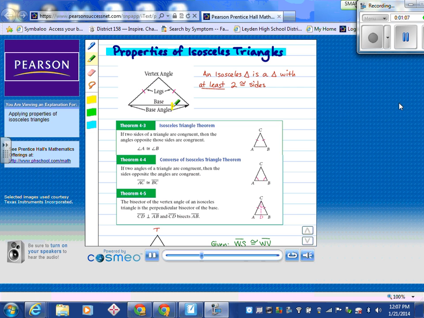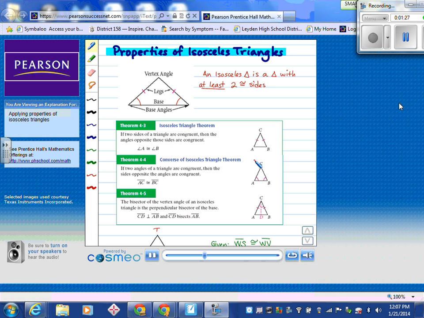Right? So the base is the side that is not necessarily known to be congruent, and the base angles, of course, form the angle between the legs and the base. Well, theorem 4.3, the isosceles triangle theorem, says that if two sides of a triangle are congruent, then the angles opposite those sides are congruent.